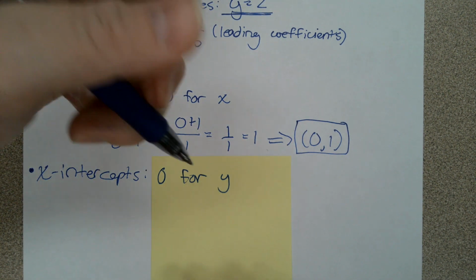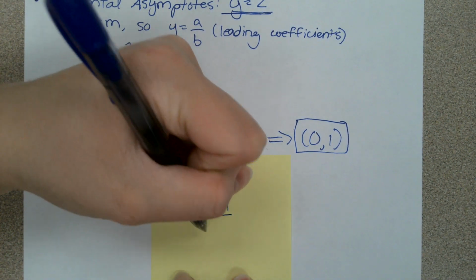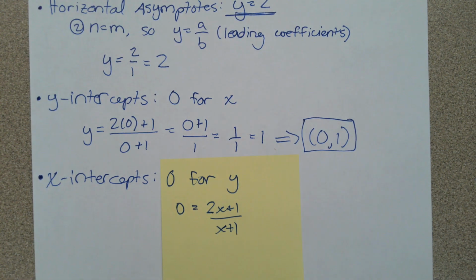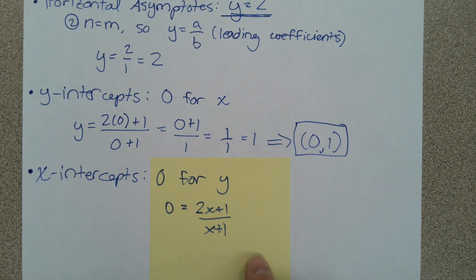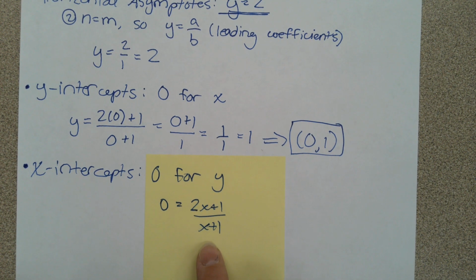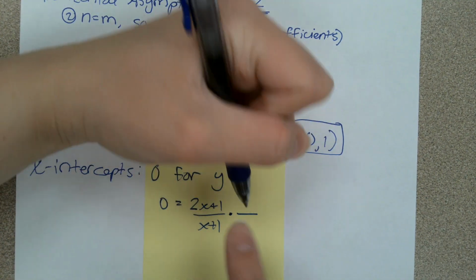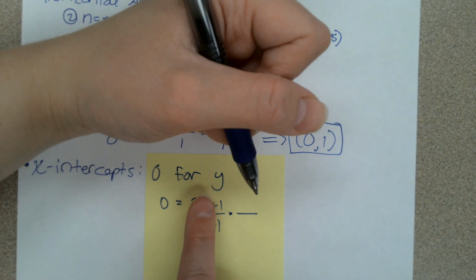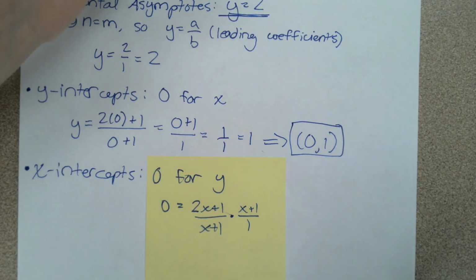So if I plug in 0 for y, I get 0 equals (2x plus 1) over (x plus 1). The first thing I'd have to do to solve is to remove the denominator. To remove this denominator, I multiply by the reciprocal of this. Just this, not including the 2x plus 1. So this would be 1 over x plus 1, so times x plus 1, over 1 if you will.